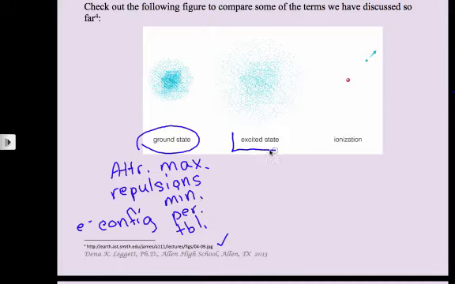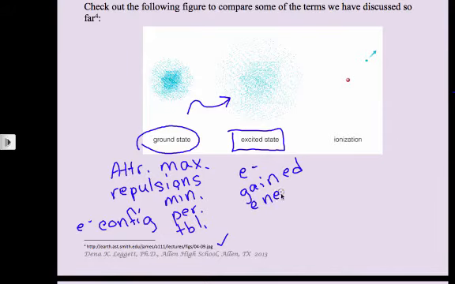An excited state is when energy has somehow come into an atom and electrons have gained energy. But note that in an excited state, those electrons are still attracted to the atom.